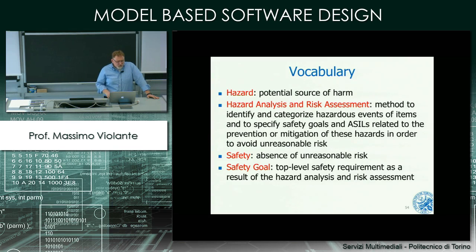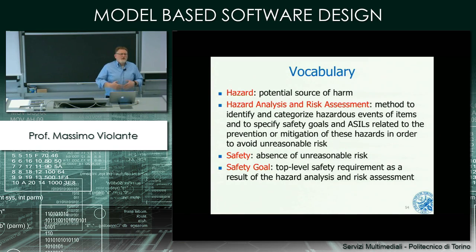Then, once we have completed the hazard analysis and risk assessment, we know how critical a certain item is. So for this, we have to introduce the countermeasures. We know that an item is critical. We know that somebody could get severely hurt due to a malfunction in there.